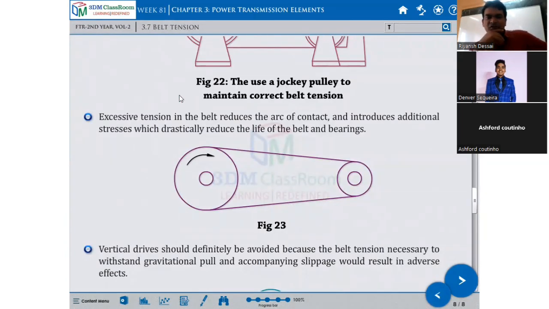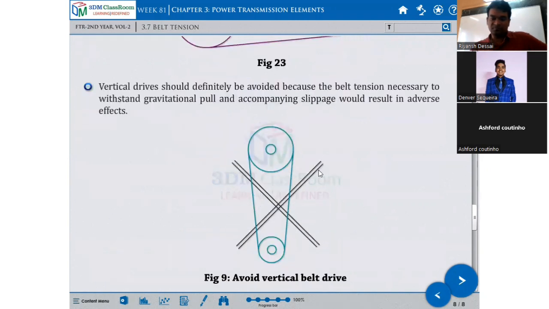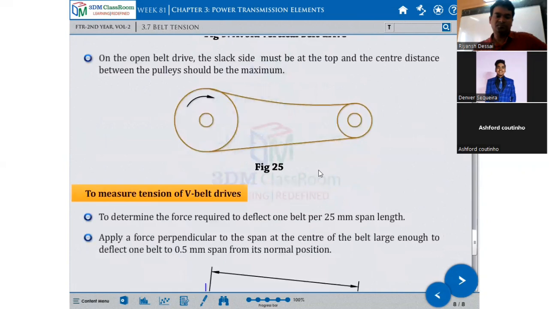Excessive tension in the belt reduces the arc of contact and introduces additional stress, which drastically reduces the life of the belts and bearings. Vertical drives should definitely be avoided, because the belt tension necessary to withstand gravitational pull and the accompanying slippage will have an adverse effect. On an open belt drive, the slack side must be on top, and the center distance between the pulleys should be maintained.